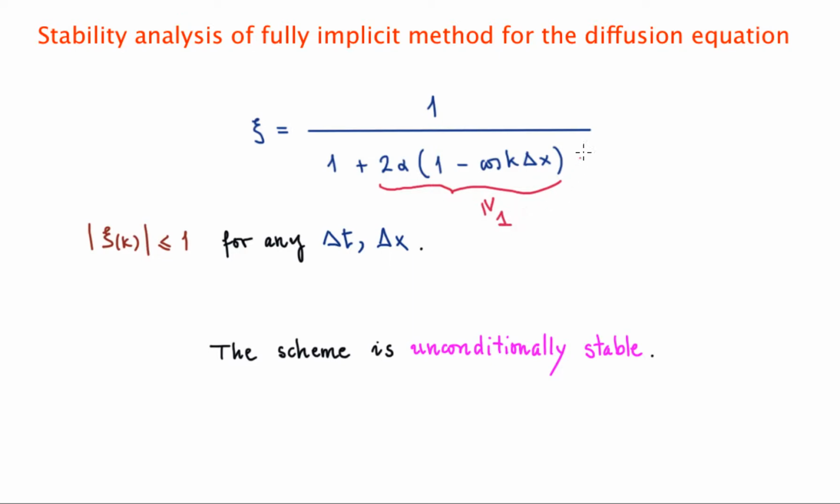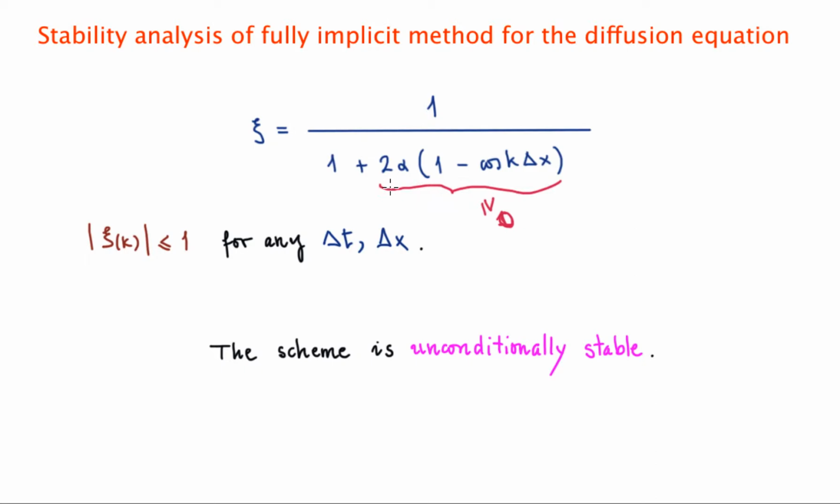That basically means that the denominator is going to be greater than 0, because, for example, the maximum value corresponds to the cosine getting the value 1, and in this case it's 0. But it's always going to be greater than or equal to 0. It's going to be positive.